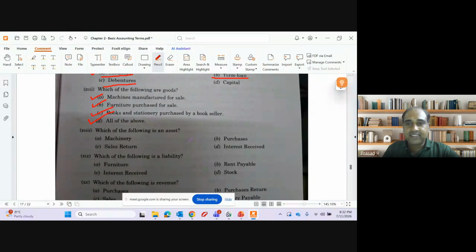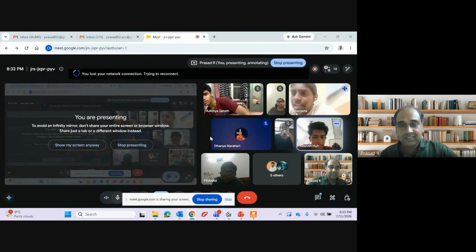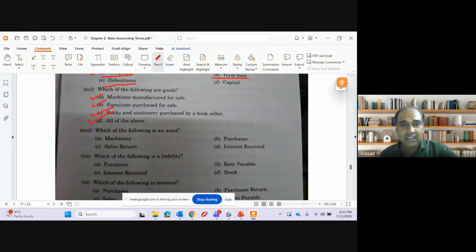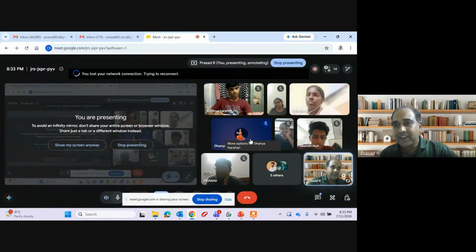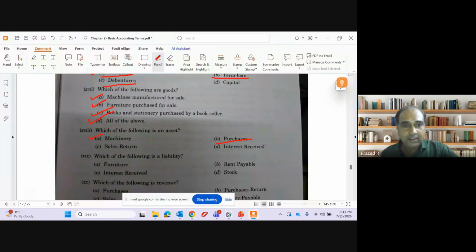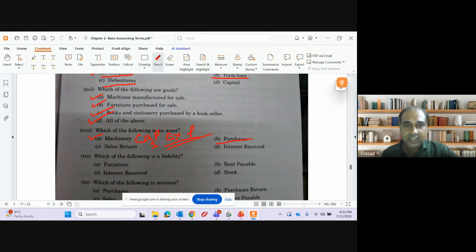Which of the following is an asset? Option A, machinery. Why are the others not assets? They are revenue expenditure, not capital expenditure. Machinery is a capital expenditure because my intention is to use it for more than 1 year.